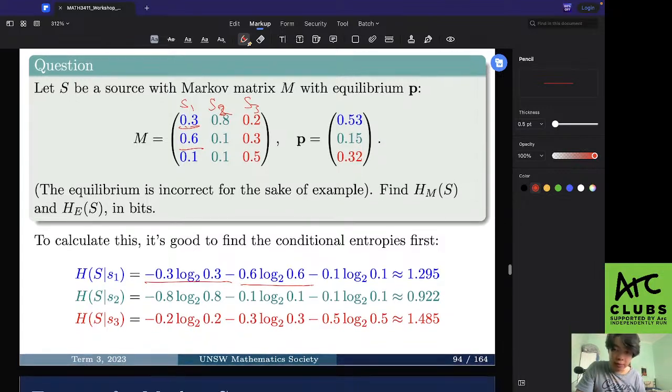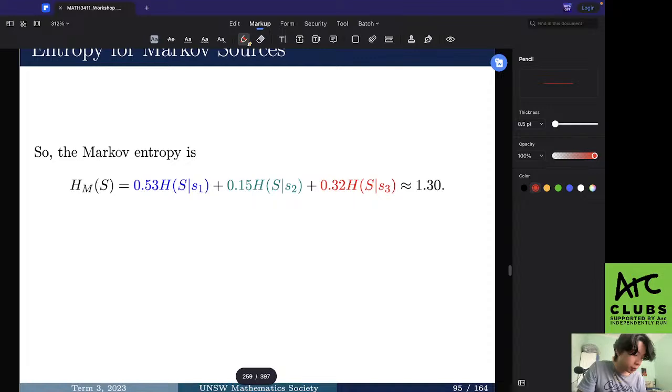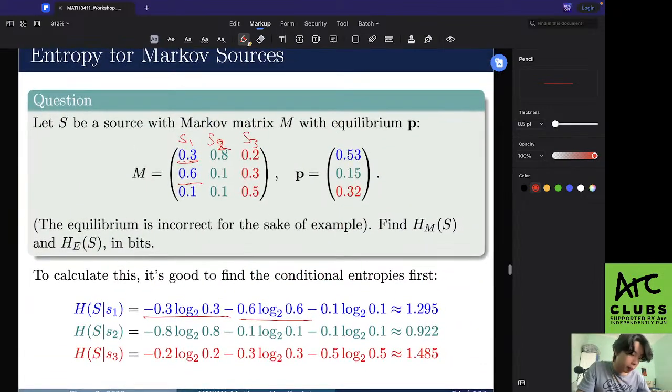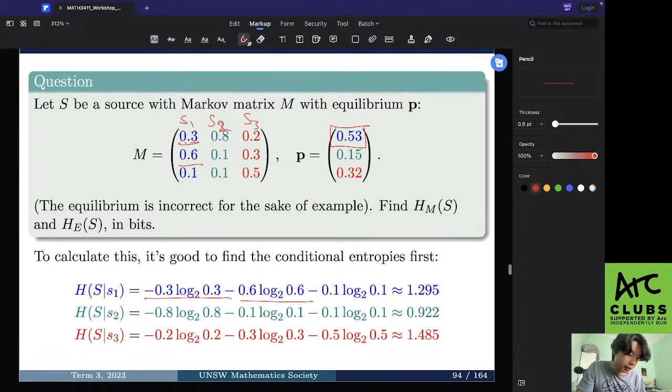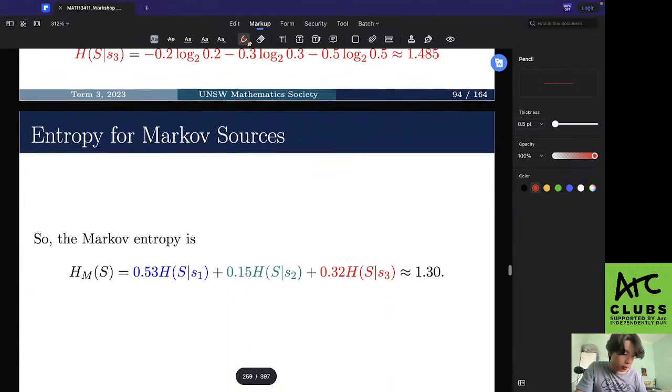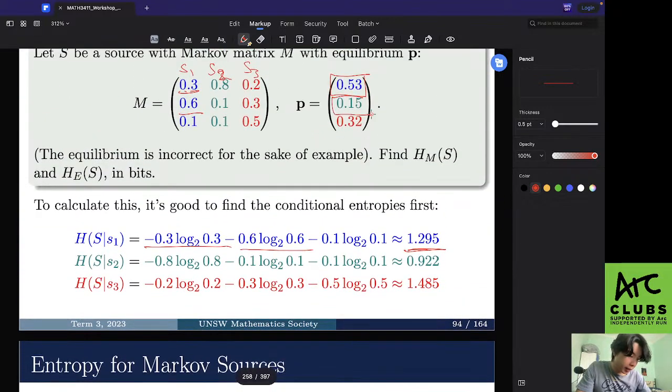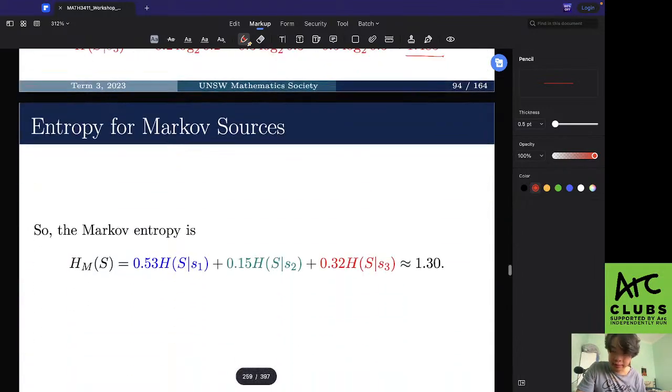And now we know that the Markov entropy is given by the probability we get an S1 multiplied by the entropy, given that we just got an S1. We also have the probability that we get an S2 multiplied by the entropy, given that we just got an S2, and then the probability of S3 multiplied by the entropy of when we just got an S3.